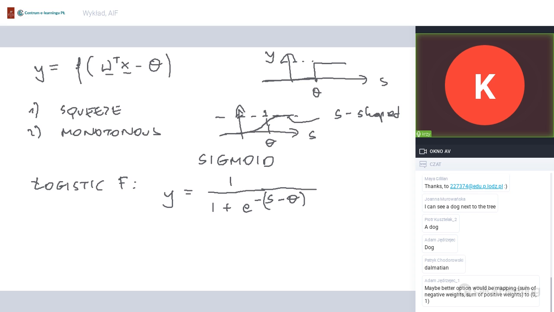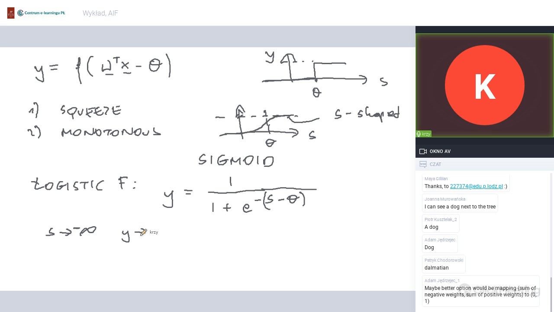We can easily check whether this function satisfies our requirements. First, whether it really squeezes the range. If S goes to minus infinity, then e to the power of minus times minus infinity means e to the power of plus infinity, which makes an infinity in the denominator. So the value of the function goes to 0.